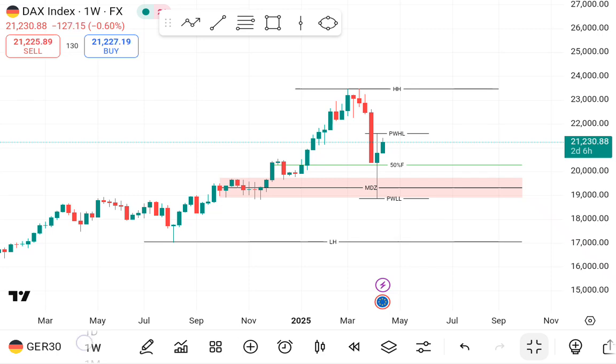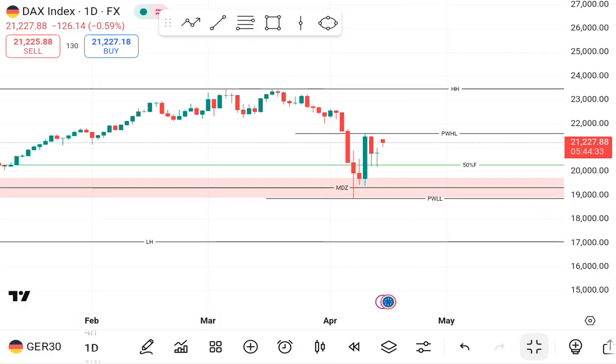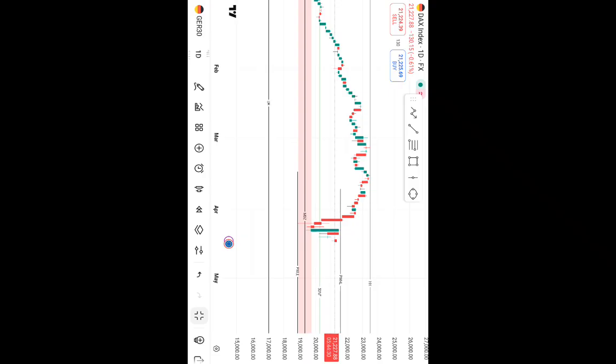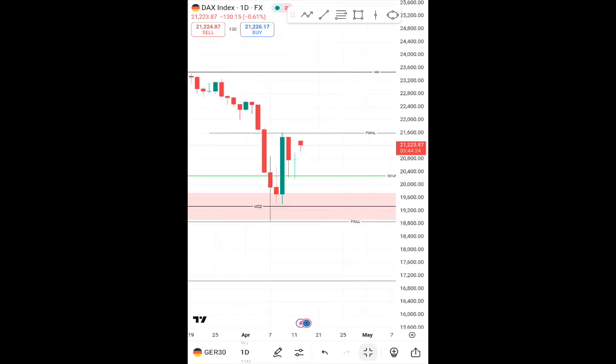Let's go over to the daily, so it will make sense. On a daily time frame, I want you to see this big engulfing bullish candle.